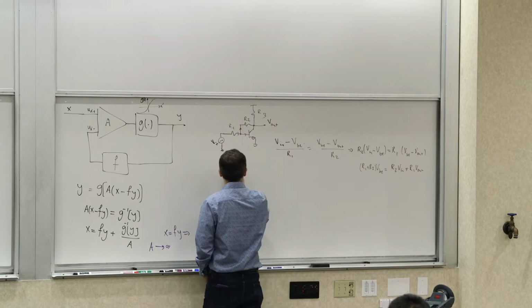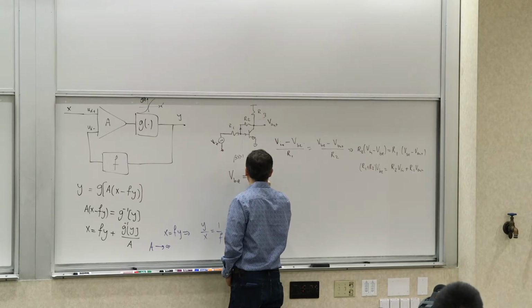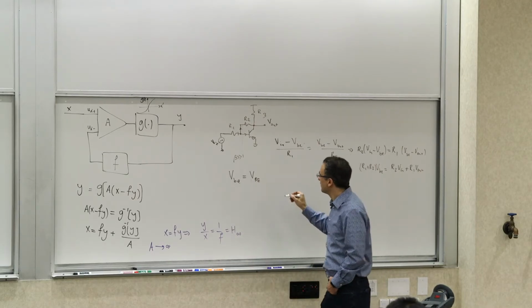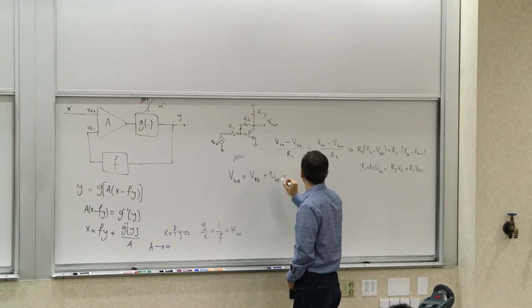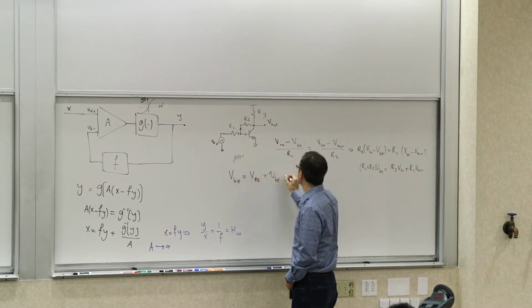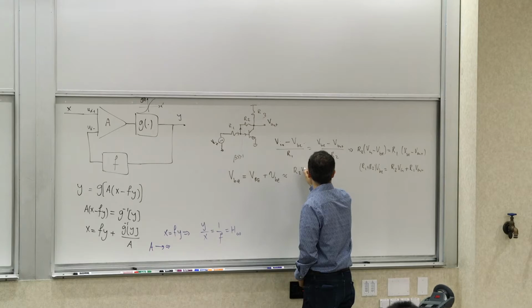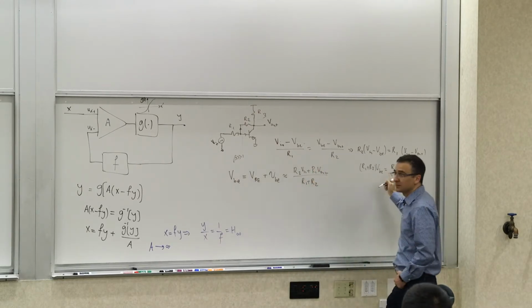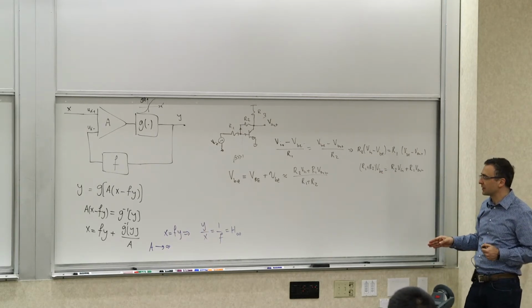Therefore, VBE, which includes two parts, the quiescent DC VBE, or VBE on, whatever the DC voltage is, plus the fluctuations over that, is approximately, because we're making this assumption here, (R2 V in plus R1 V out) over (R1 plus R2), from this equation. We just solve for VBE. I didn't do anything magical, basic algebra.